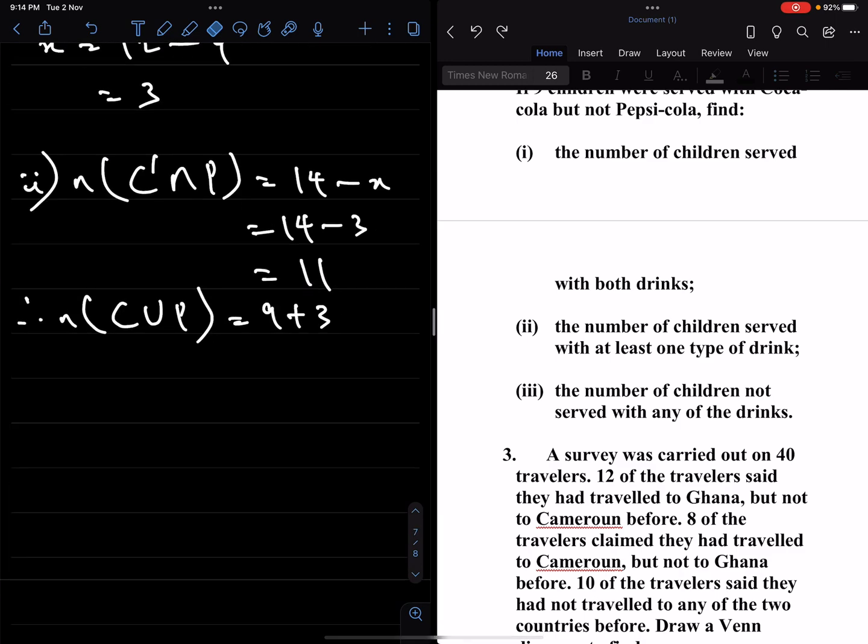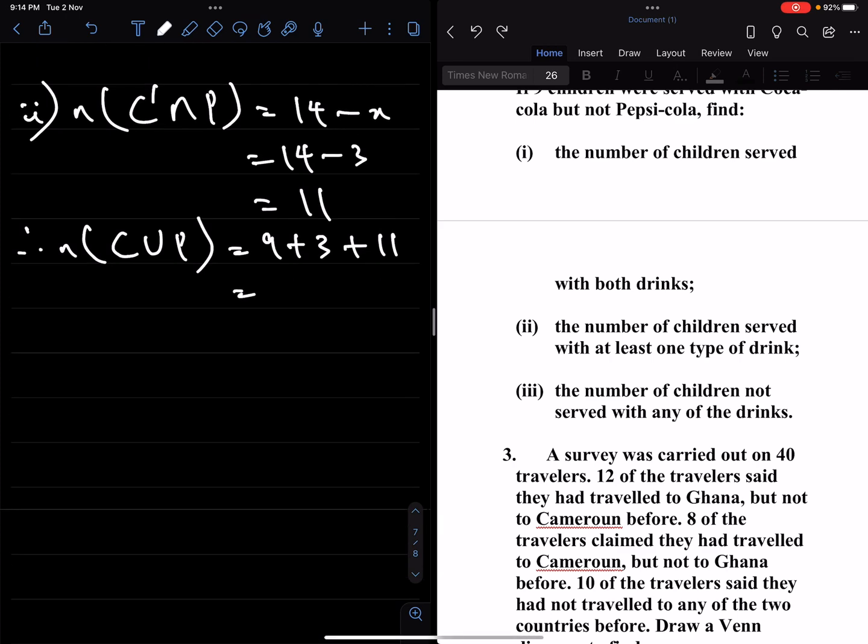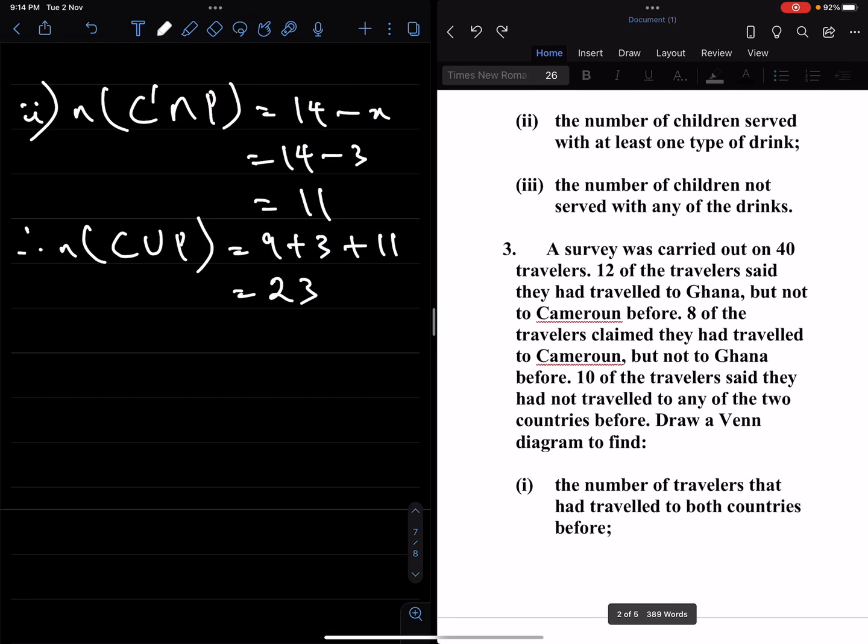So that's 9 plus 3 plus 11, that's 12 plus 11, 23. So the total number of children served with at least one type of drink is 23.